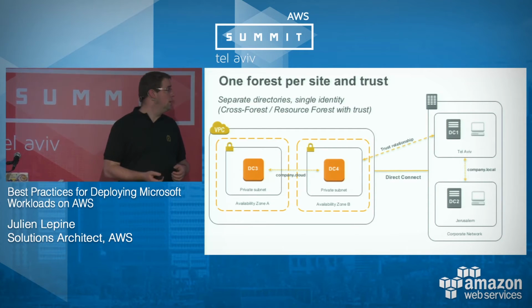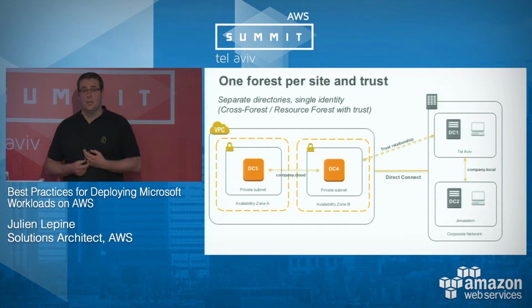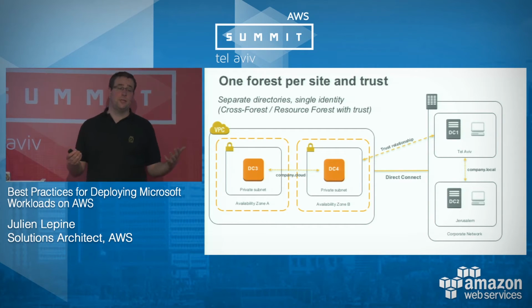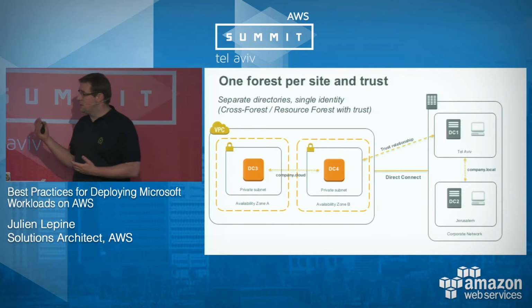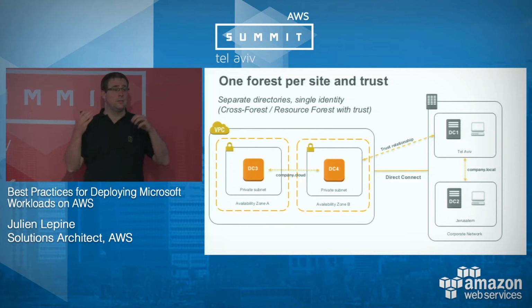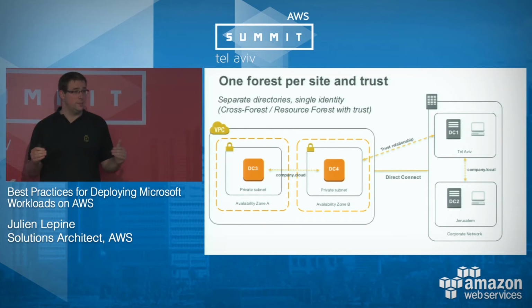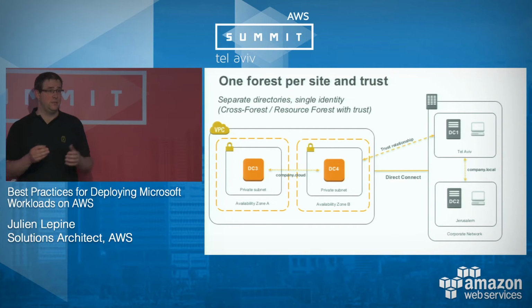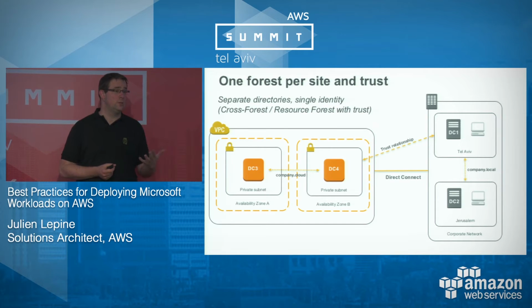And finally, my most security-savvy customers, that's the process they usually do. It's having fully isolated forests and then creating a trust between the forests. What it gives you is SSO, so your users from on-premises can start accessing cloud-based applications using their existing credentials. So you have the visibility over the Active Directory, but you have full isolation in terms of what you want to synchronize.